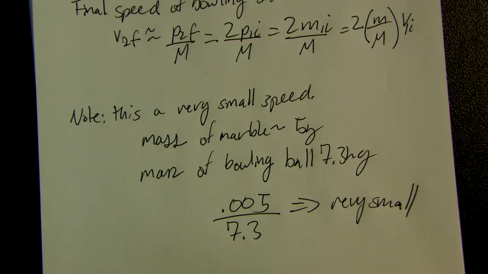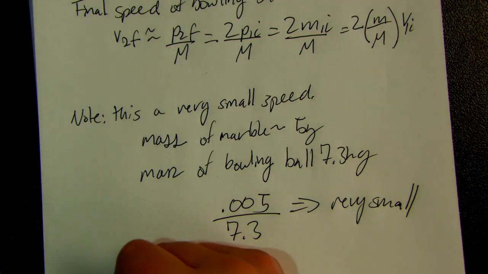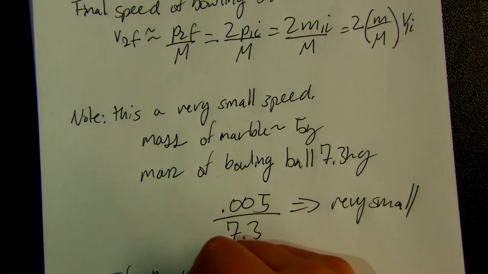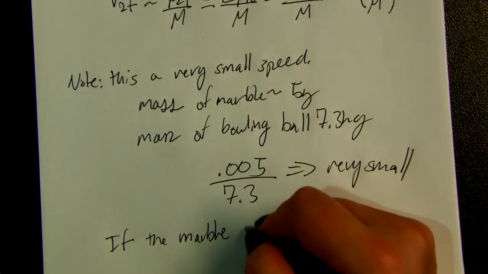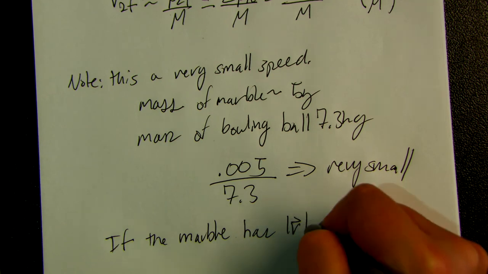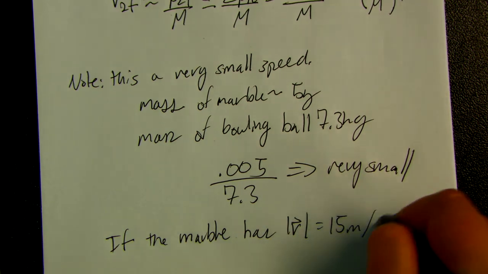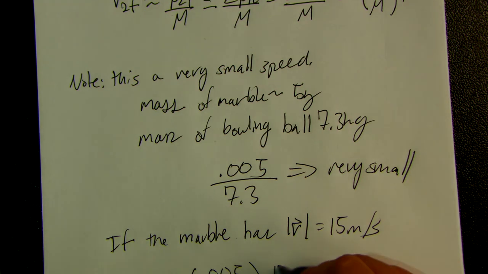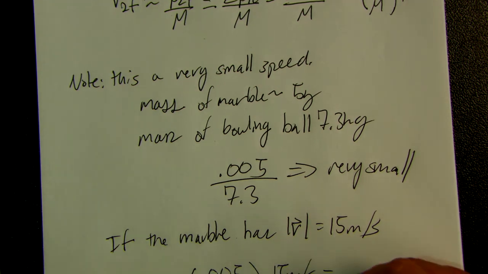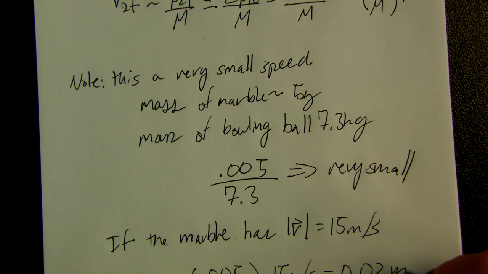That momentum is basically tied up in the mass. So, if the marble has a speed of 15 meters per second, then you have 2 times 0.005 divided by 7.3 times 15 meters per second is equal to 0.02 meters per second, which is very small.